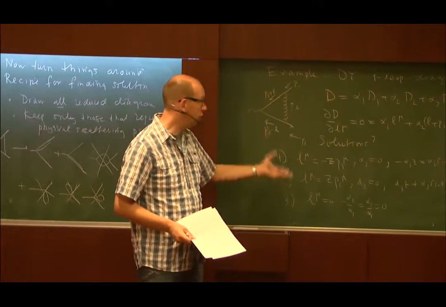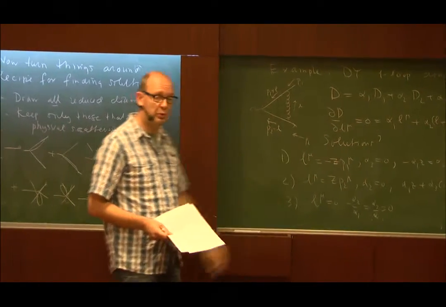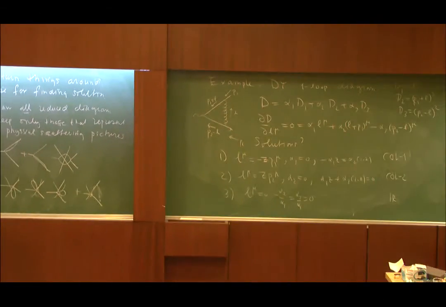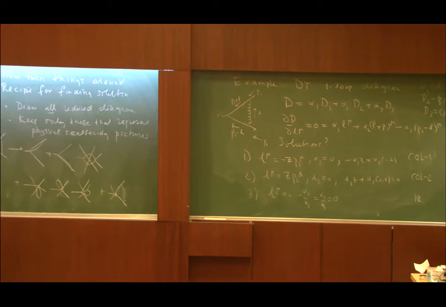But in the end, all you're after is finding solutions to Landau. You're not computing the graph, but finding solutions to Landau equations. And this reinterpretation of the terms in the Landau equation in terms of the original graph or its reduced diagrams is very, very powerful.